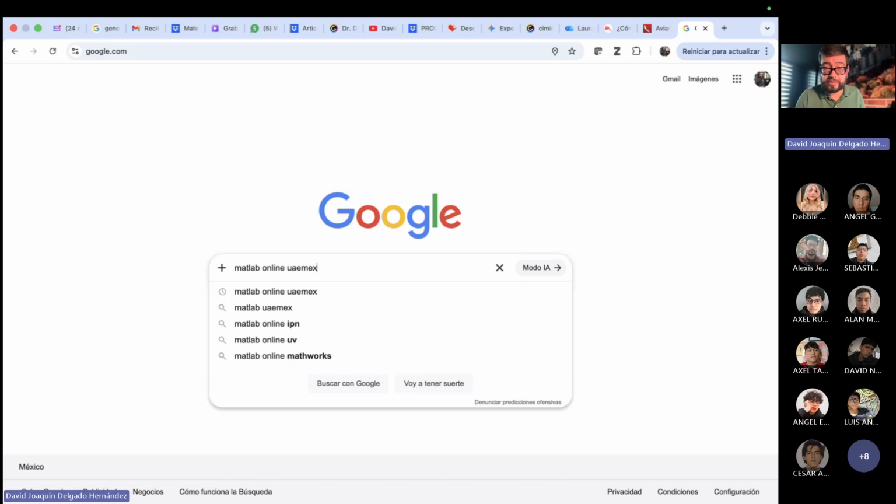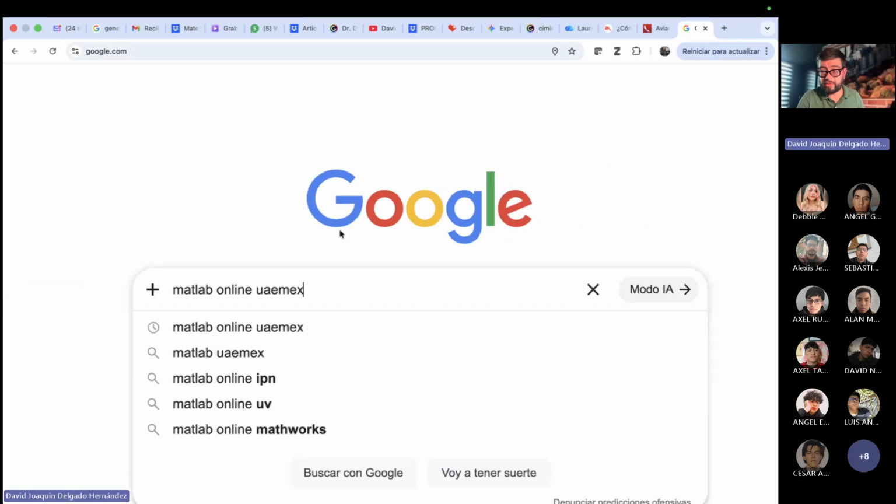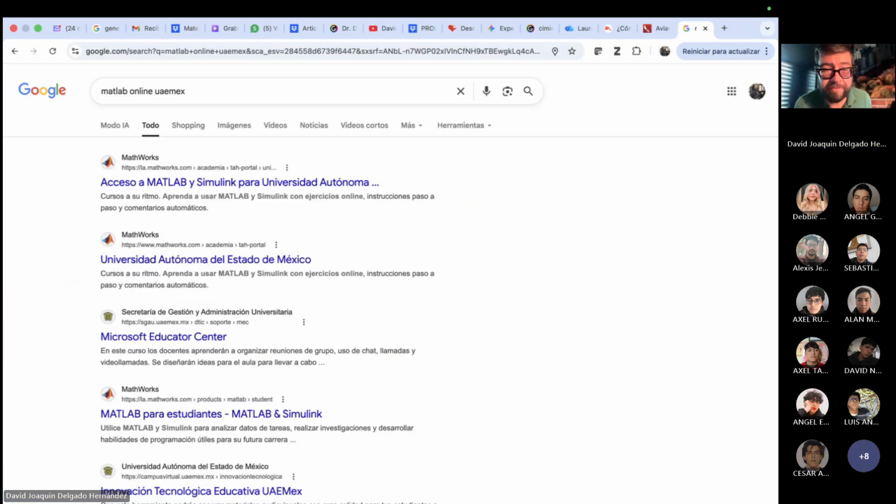So you write these 3 words, Matlab online UAMX, and you put enter. And the first link, it says access to Matlab and Simulink for the Autonomous University of the State of Mexico. So you click here.